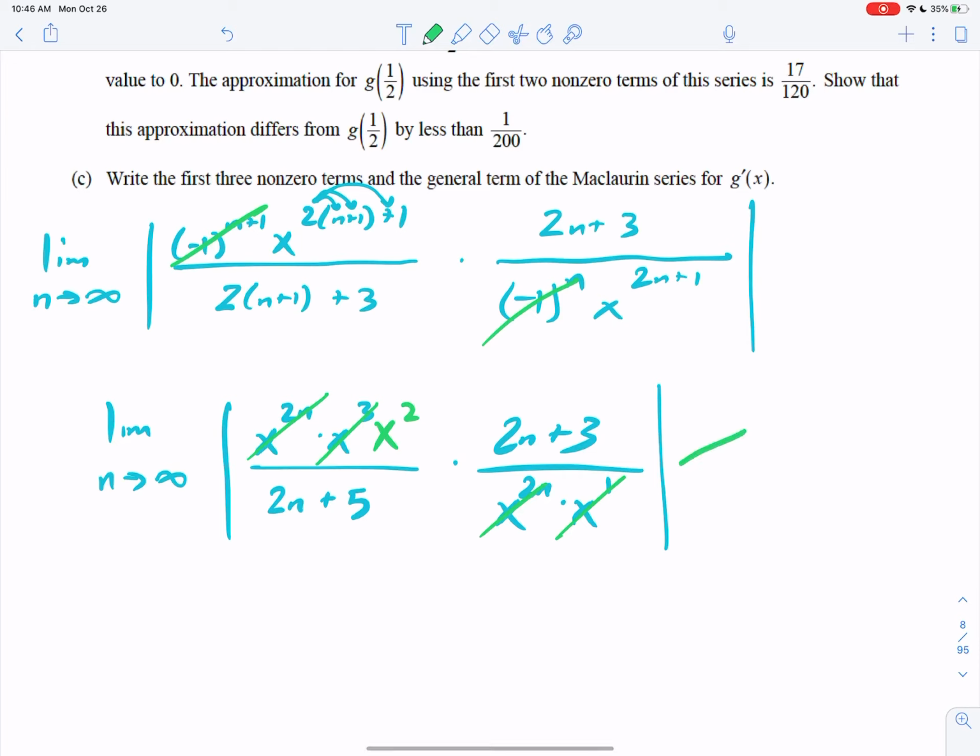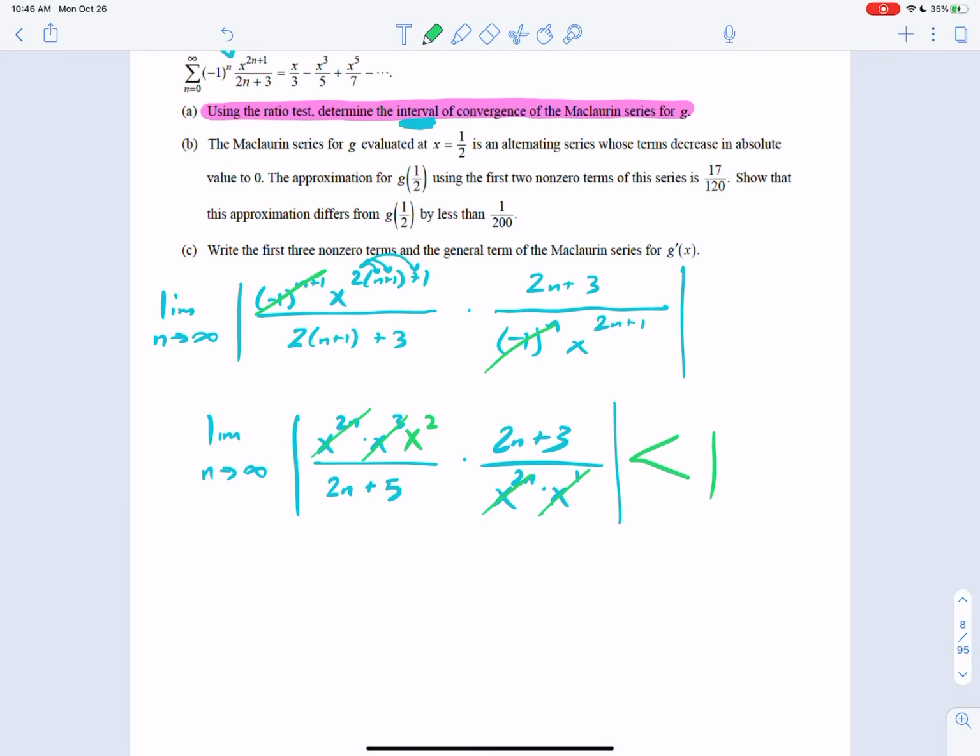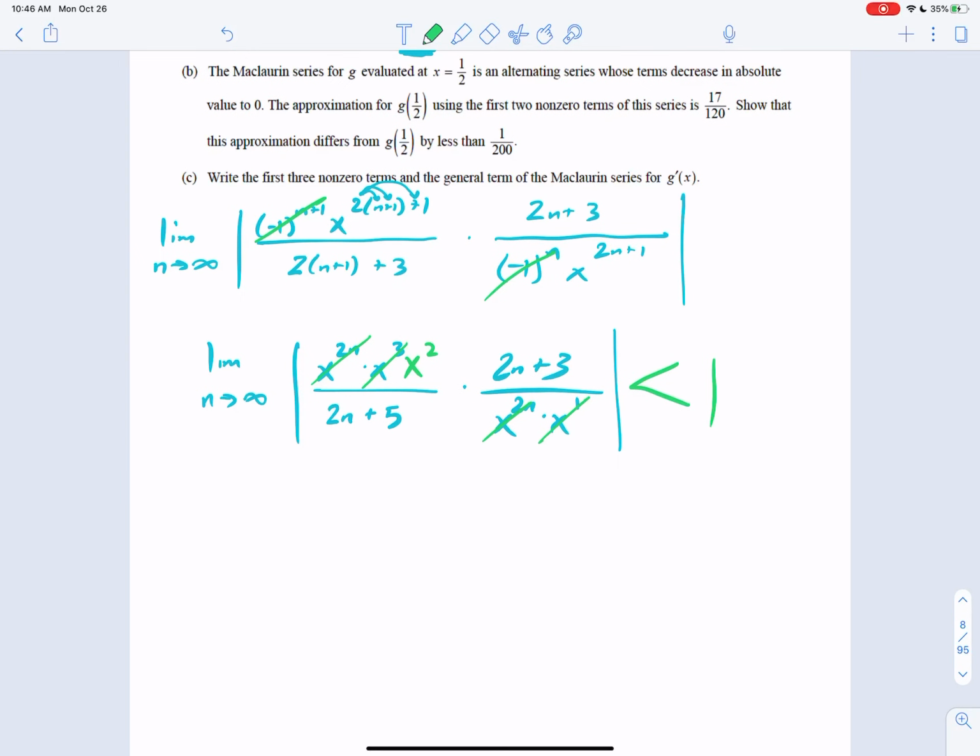Okay, so we're going to get this guy to converge less than 1. x squared has nothing to do with the limit, so we'll take that out with the absolute values. All that's left is 2n plus 3 all over 2n plus 5 less than 1.